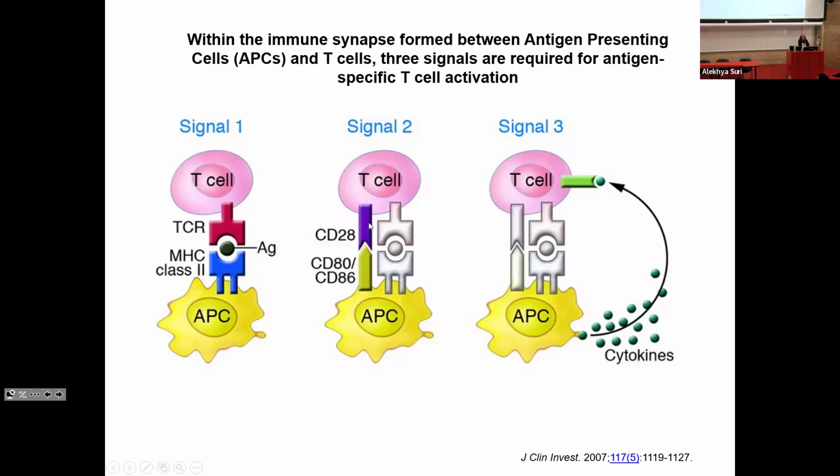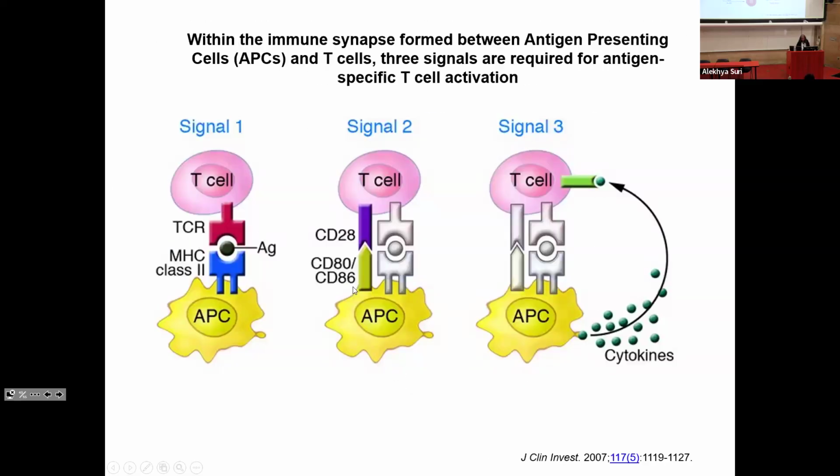But you need the CD86 to prevent anergy or apoptosis of these T cells. And then you need the signal 3 to allow these T cells to differentiate into many different subsets, or many different types of T helper cells. Okay? So without signal 1, having the other 2 is of no use in terms of activating the cell.